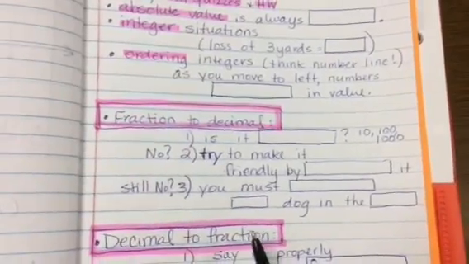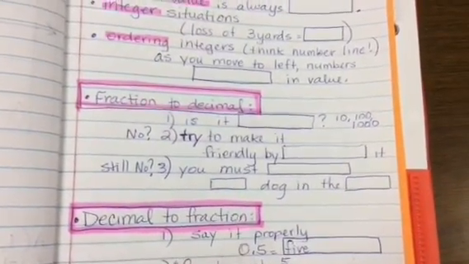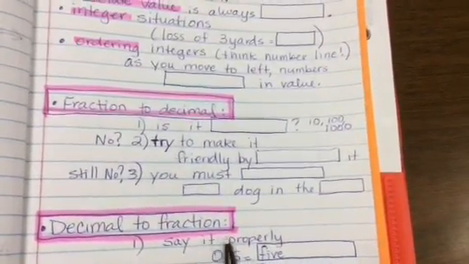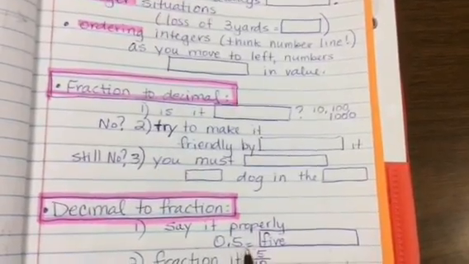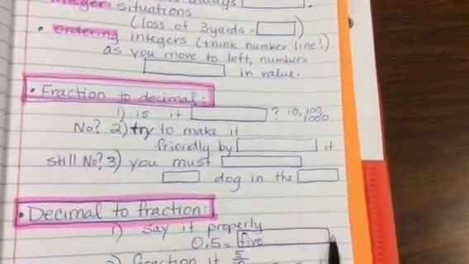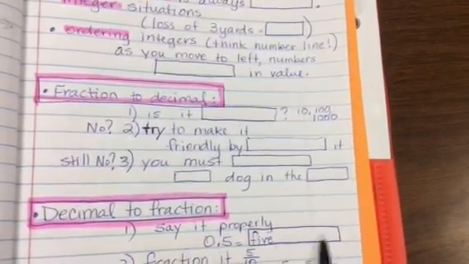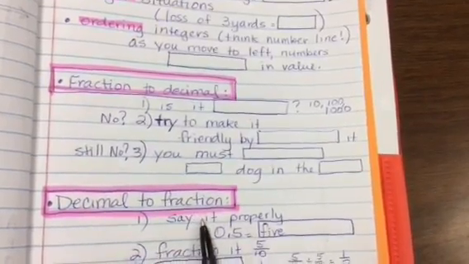Now, the next big topic is the other way around, going from decimal to fraction. The first step is you say it properly. In other words, you wouldn't say 0.5. You would say this is 5 what? Write that word there. Yes, it's 5/10. So you're going to write the word tenths there. So step 1, say it.